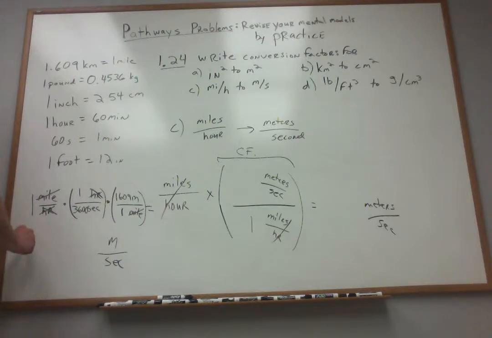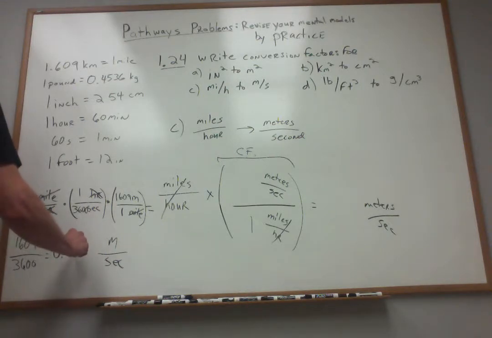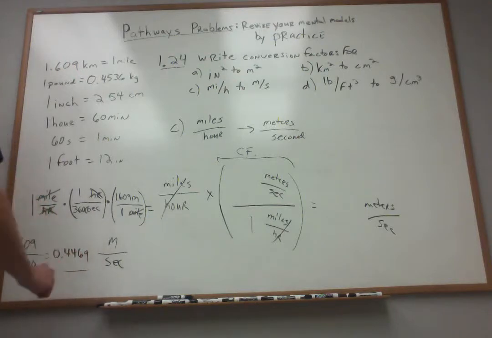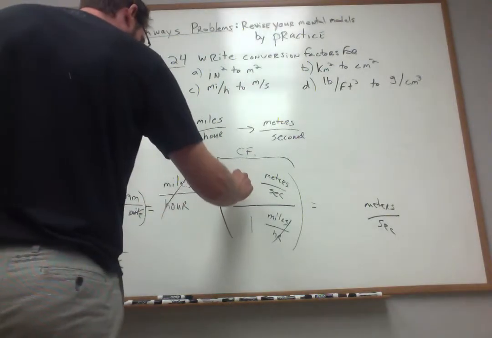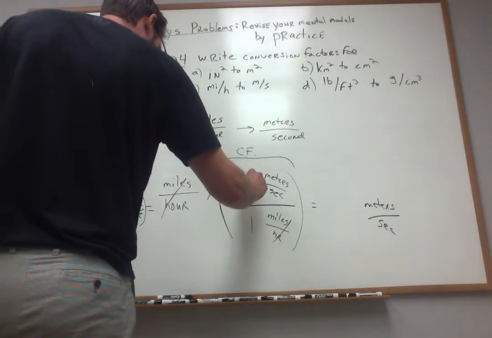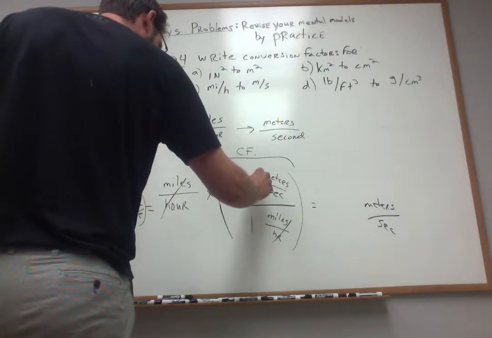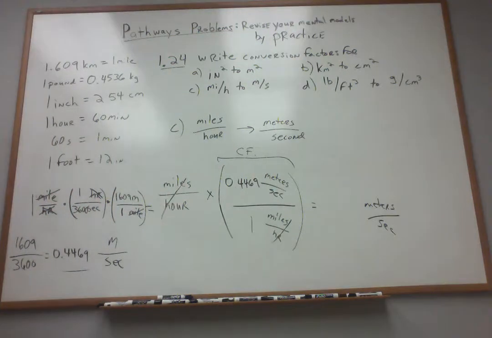So to figure out what that conversion factor is then, I need to take 1609 and divide it by 3600. And if I do the math on that, it looks like it works out to 0.4469 meters per second. So I write that in here, 0.4469 meters per second, and I'm in business.